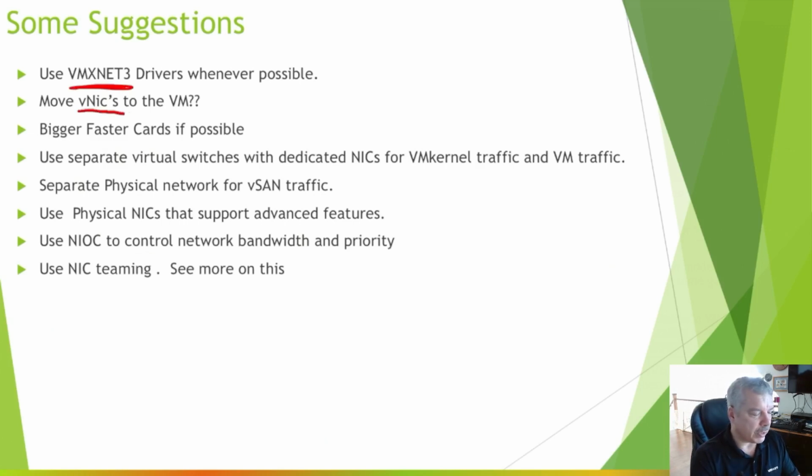Add more virtual NICs to the VM, right? So you only got one virtual NIC in the VM, maybe add a second or third. Hang on a second. If you've got the VMXNET3 driver, it does really have an upper limit, somewhere around 9 to 9.5 gigabits per second.